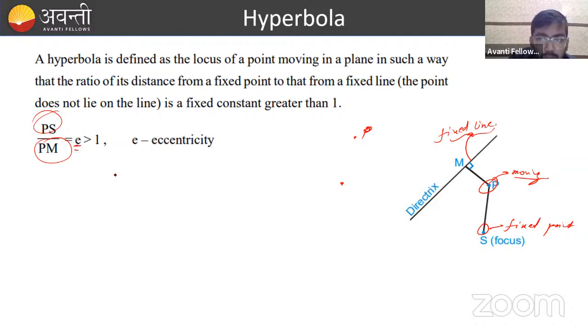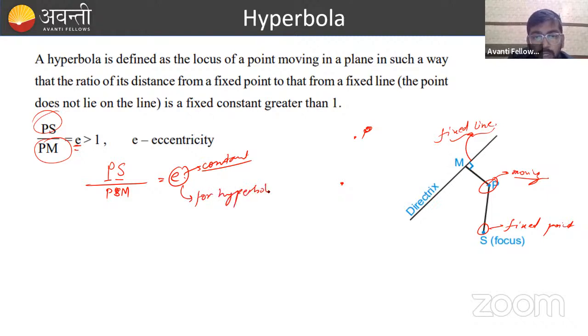Okay, so for a hyperbola, the ratio of the distance of a moving point to the distance from a fixed line is always a constant. Okay, this is a constant, and for hyperbola it is greater than 1.